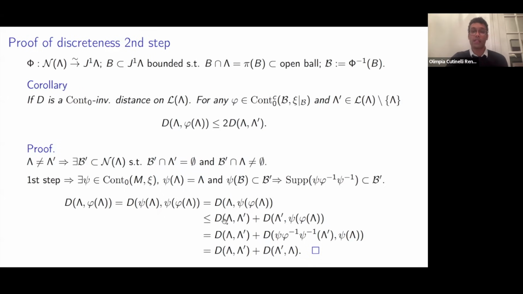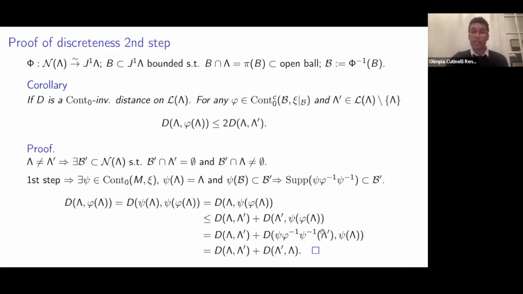So it is less than the distance between lambda and lambda prime plus the distance between lambda prime and psi phi lambda. So the first term remains the same on the next line, but for the second term, you use again that the distance is invariant and you compose both sides by psi phi minus 1 psi minus 1.